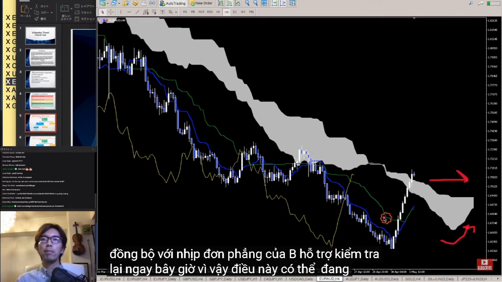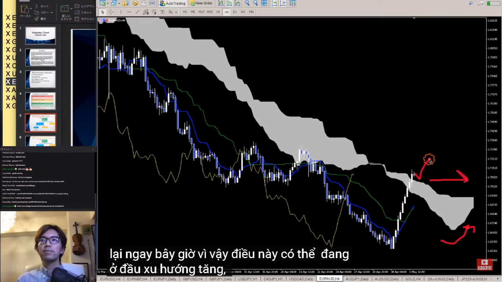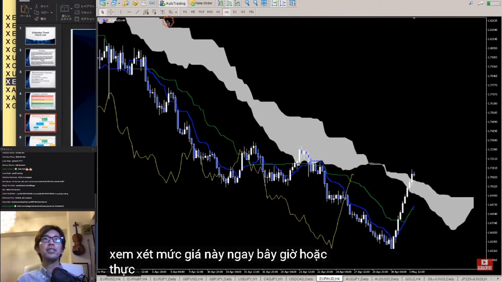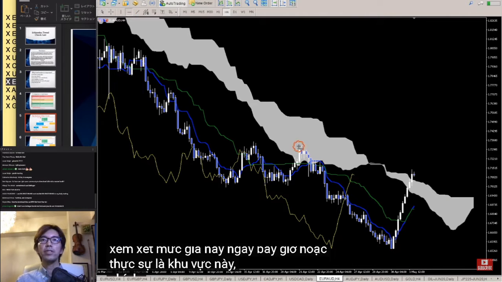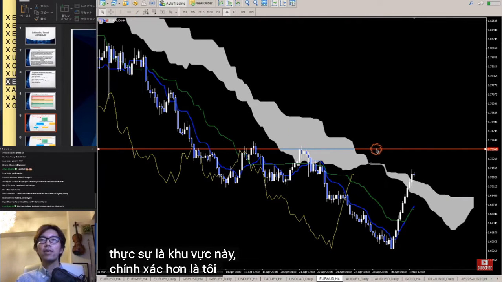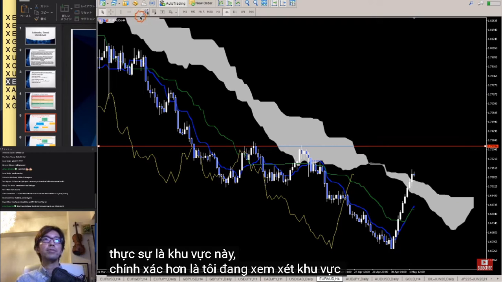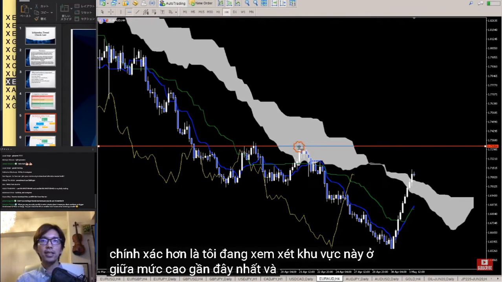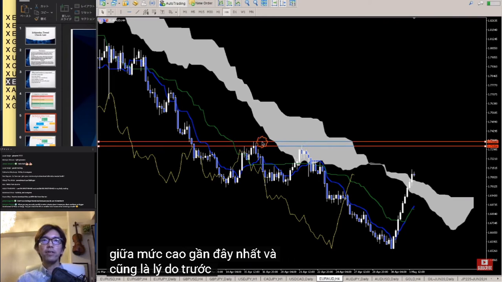So this might be at the beginning of the uptrend. So I am looking at this price level right now, or actually this area, right? To be more precise, I am looking at this area in between the most recent high and also the previous recent high.